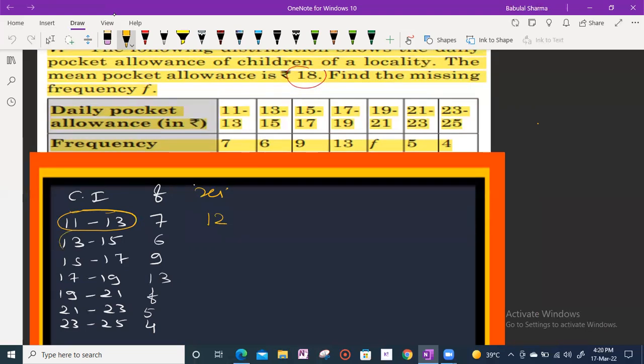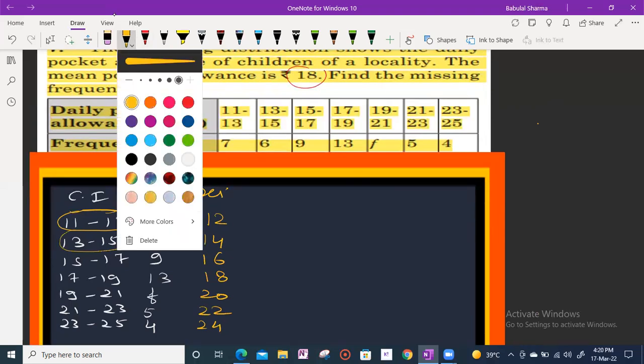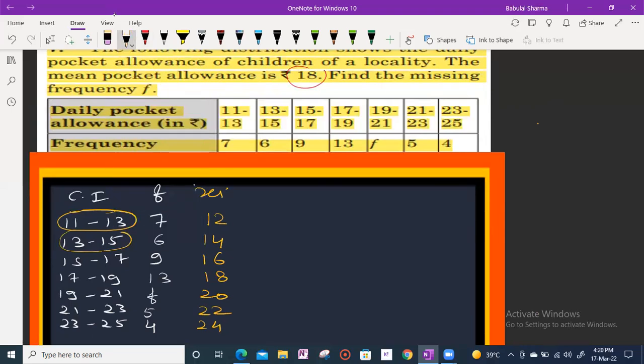Similarly, the mid value of class 13 to 15 is 14, class 15 to 17 is 16, class 17 to 19 is 18, class 19 to 21 is 20, class 21 to 23 is 22, and class 23 to 25 is 24. Now, using the direct method, we need fi into xi. We multiply the f with the corresponding x.